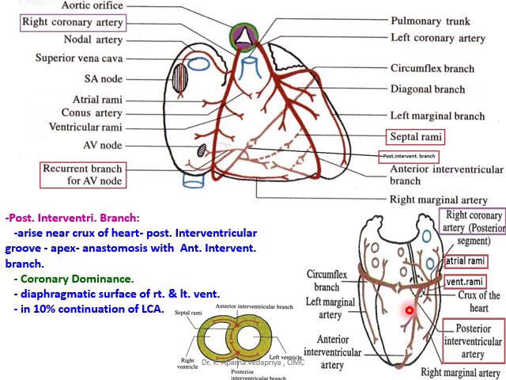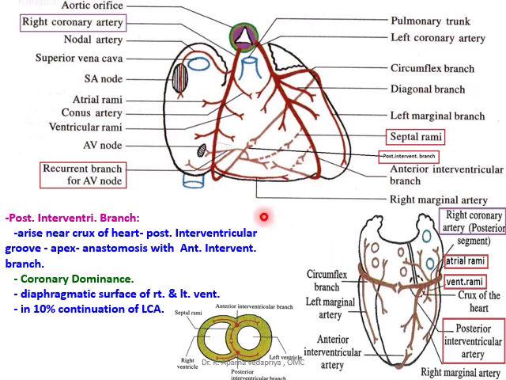It arises from the right coronary artery nearer to the crux. This is the crux, which is the meeting place of the interatrial, atrioventricular, and interventricular septa on the posterior aspect.